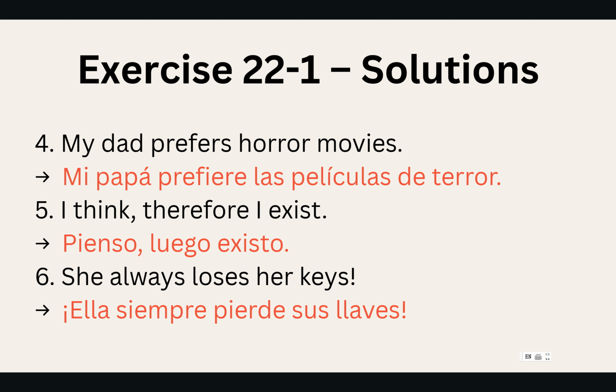She always loses her keys. Ella siempre pierde sus llaves.